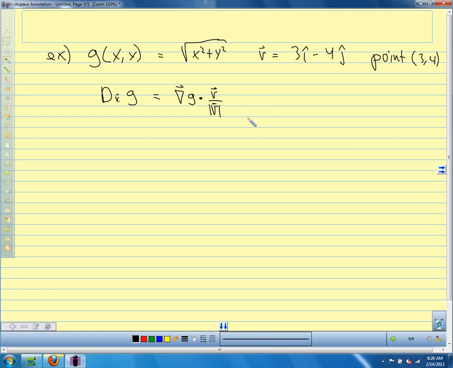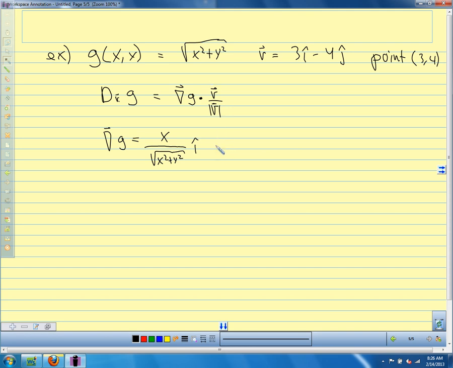So let's calculate del g. Let's get our gradient vector. dg dx, what's dg dx going to be? The partial of g with respect to x is x over the square root of x squared plus y squared, times i hat.